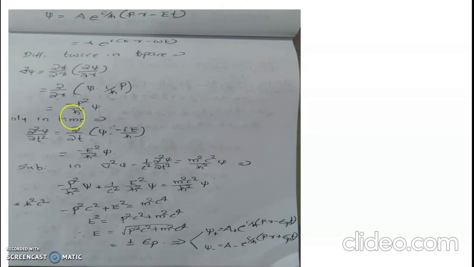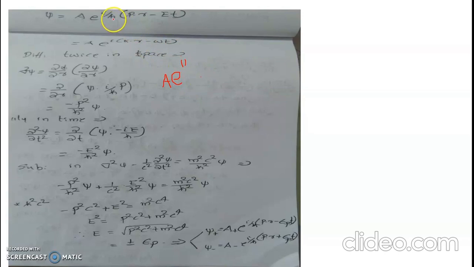Similarly, we evaluate ∂²psi/∂t², that is ∂/∂t of ∂psi/∂t. ∂psi/∂t is the derivative of a e raised to i by h cross into (p dot r minus Et).